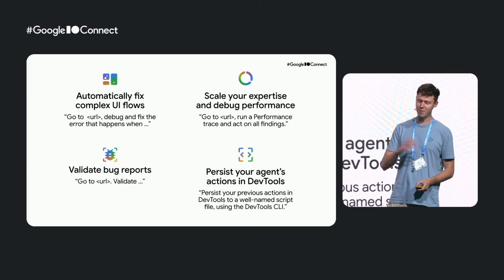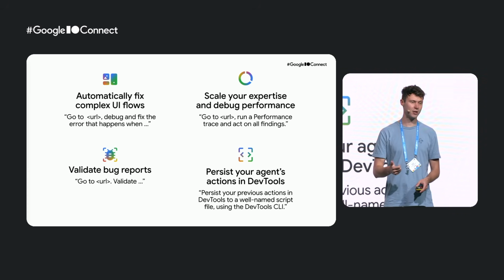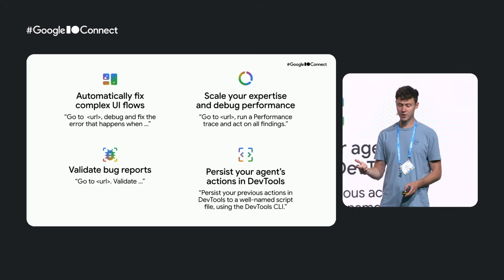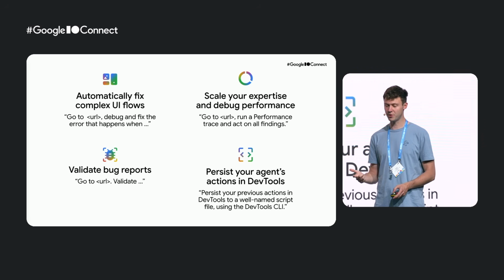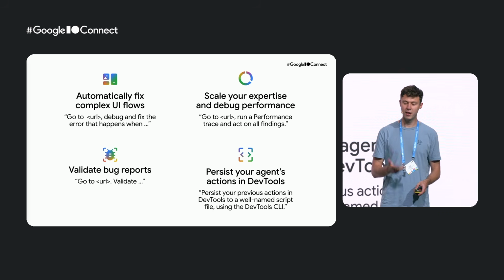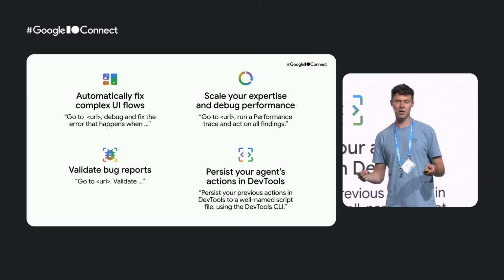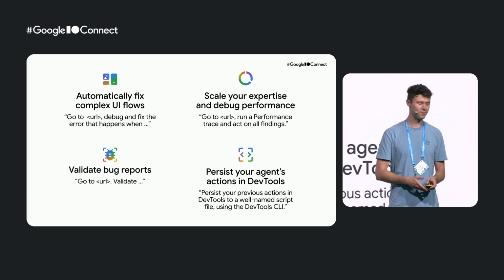OK, let's wrap up all use cases that we explored. We saw a prompt to automatically fix complex UI flows, one to scale your expertise running performance traces or Lighthouse audits, one to validate bug reports, and one to persist your prompted actions to scripts you can rerun outside of your coding agent.